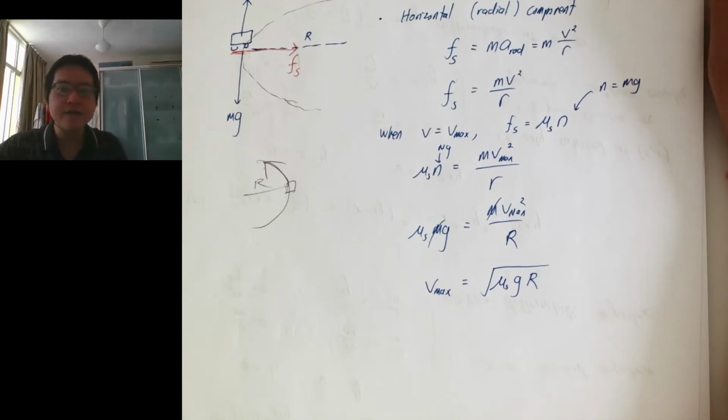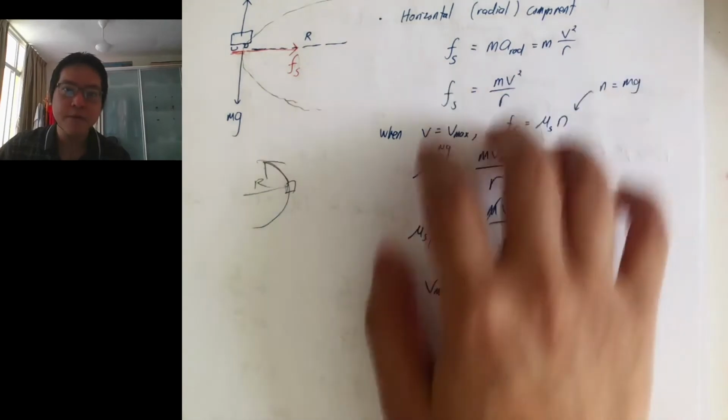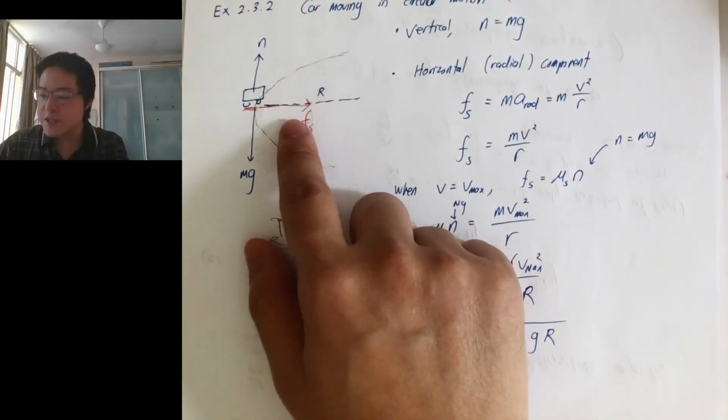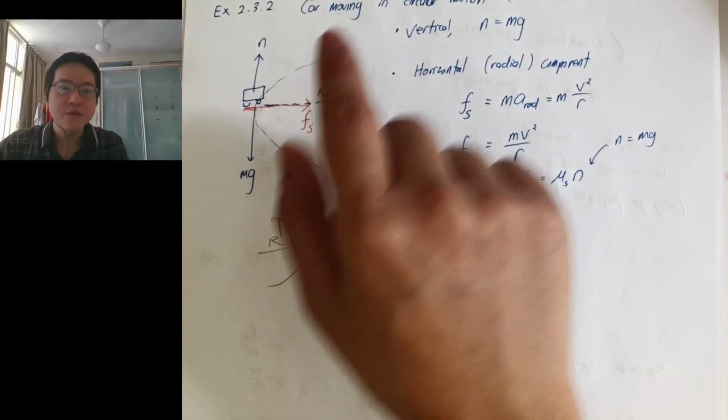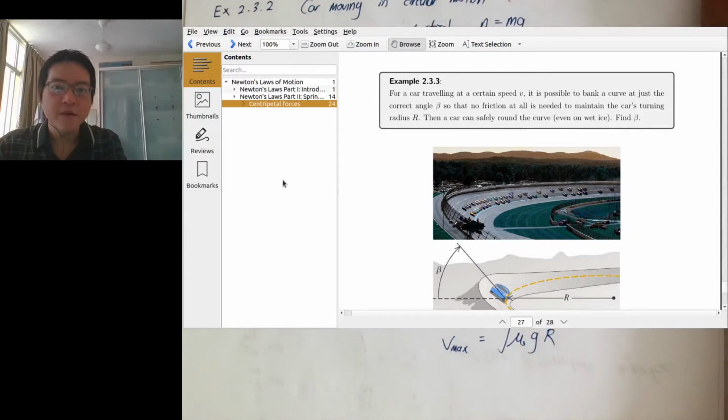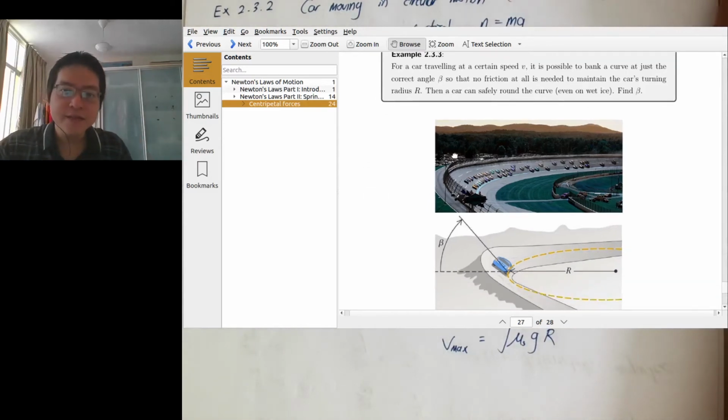A car is traveling at a certain speed v. It is possible to bank a curve at just the correct angle so that no friction is needed to maintain the circular motion. Just now, when we solved the problem, we were using friction, which is what causes the circular motion. But for this problem, if this angle exists, it's possible that there's no friction.